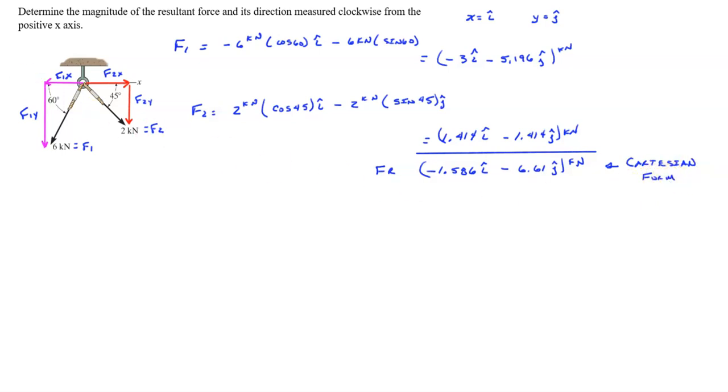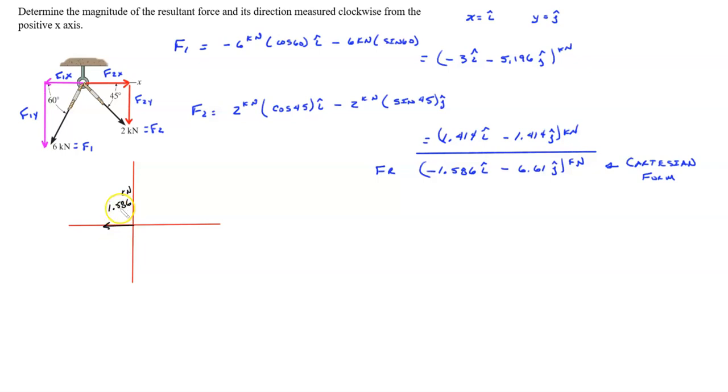Now if we were to draw this vector that we've just computed, we set up an axis. We're going negative 1.586 kilonewtons, and notice I'm drawing this force vector to the left.